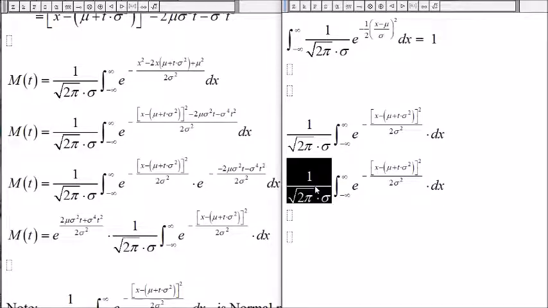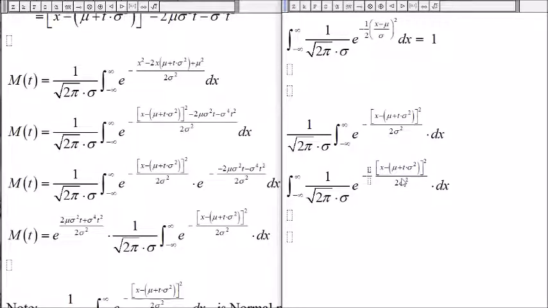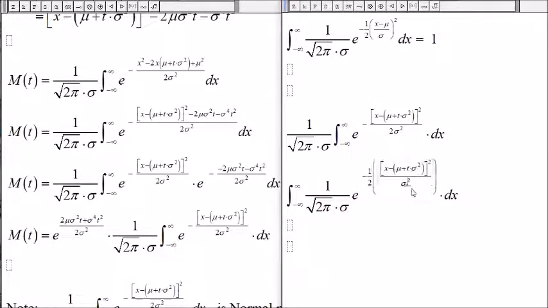This is the same as this. Instead of mu, we just have mu plus t sigma squared.